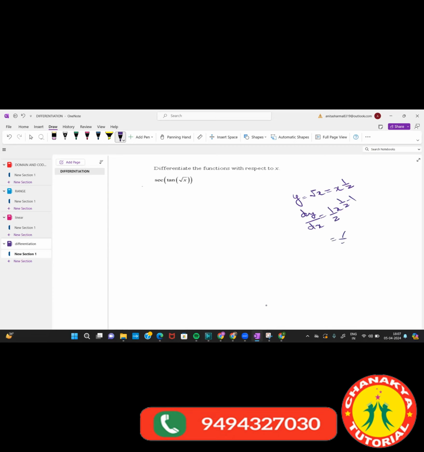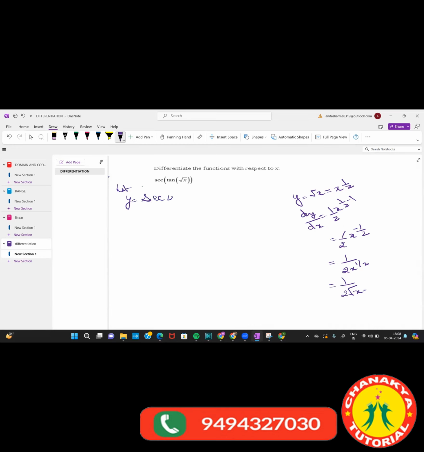Right, beta? Yes, ma'am. So x to the power, after taking the LCM, will be minus half. In the denominator, you can write this to make the power positive. So it will be 1 upon 2 root x. Right? Yes, ma'am. Now see, you can use the chain rule here.